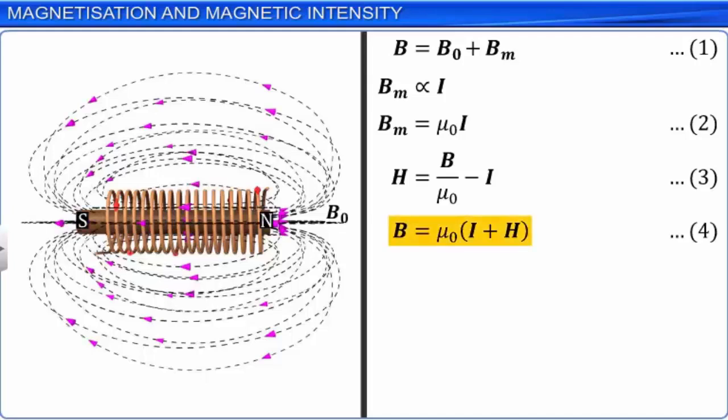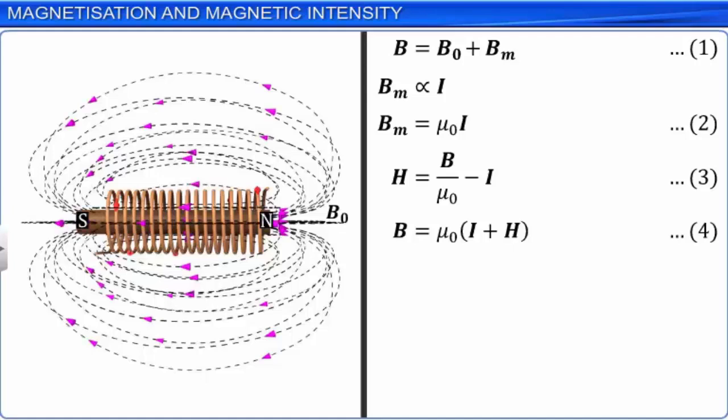The contribution due to the magnetization of the material, I, is influenced by factors such as the nature of the material to be magnetized and the applied magnetic field. It can be expressed as I is equal to chi into H. Let this be equation 5, where chi is a dimensionless quantity called magnetic susceptibility.